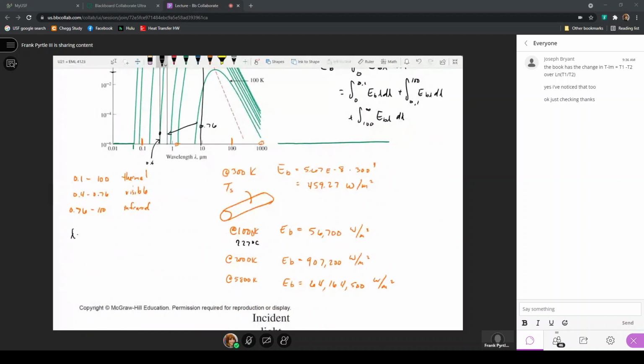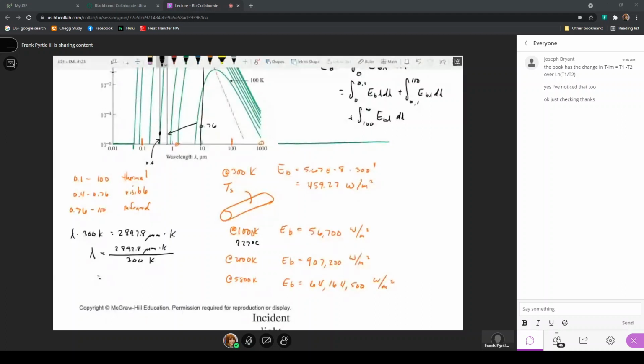If lambda times the temperature of 300 Kelvin is equal to 2,897.8 micrometer Kelvin, then lambda is equal to 2,897.8 micrometer Kelvin divided by 300 Kelvin. So this will be just under 10 microns.